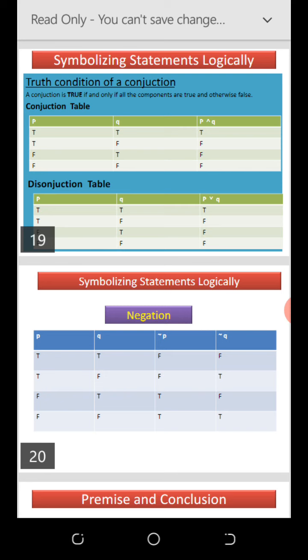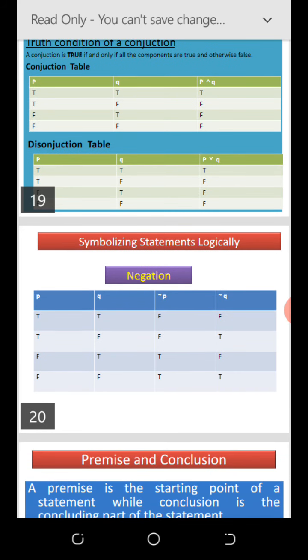Also under the conjunction table, when you have truth together with false, it gives you false. False with truth will give you false. Likewise, false with false will give you false.